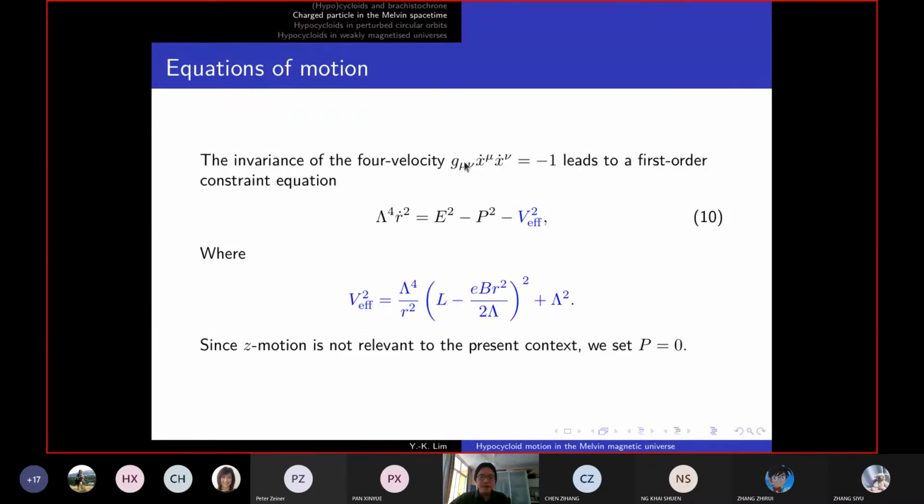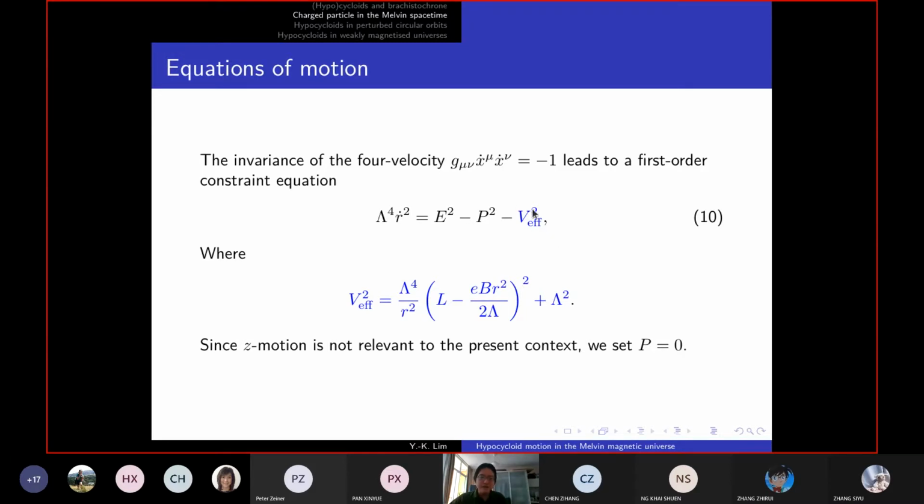So if I put in the expressions from the previous slides, energy and things like that, then I am able to obtain a first order equation for r. So r dot squared is given by this equation. This has the appearance of a conservation of energy equation from Newtonian mechanics. r dot squared is something like a kinetic energy term, and then this is a constant, and then I have a function of r.